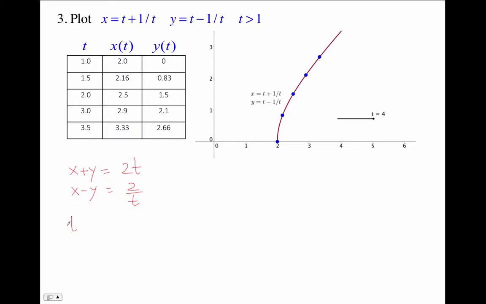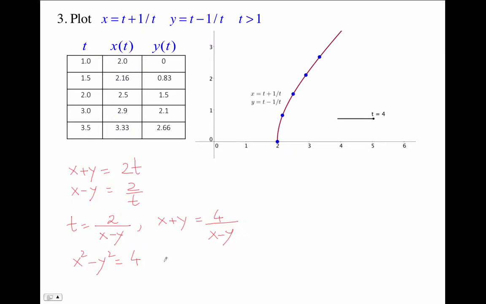That immediately gives t is 2 over x minus y. And when I put this value of t into the other equation over there, then I get x plus y is 4 over x minus y, which immediately gives x squared minus y squared equals 4.